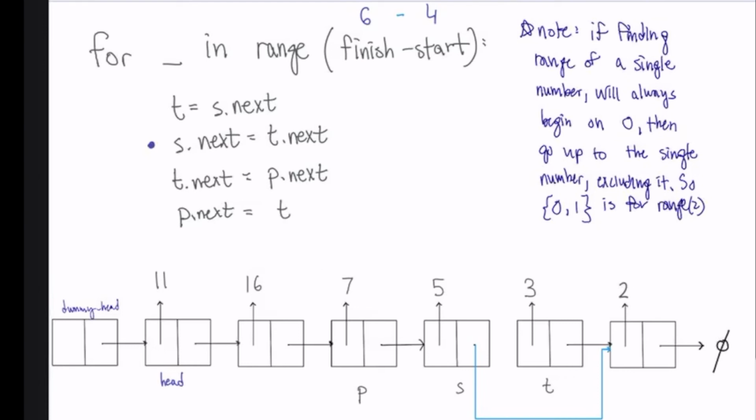So I've denoted it with this blue arrow, which changes the next node of s to point to the next node that t is pointing to, that the next node of t is pointing to.